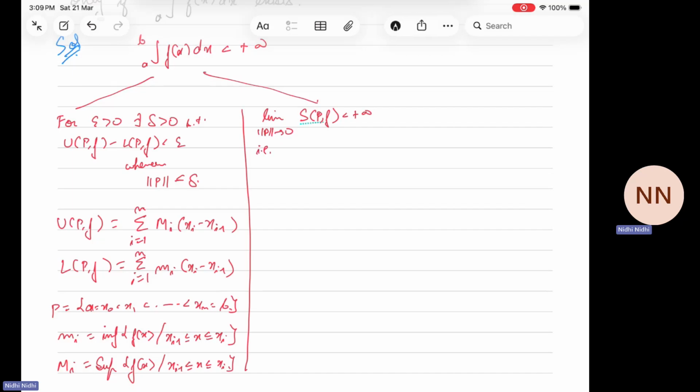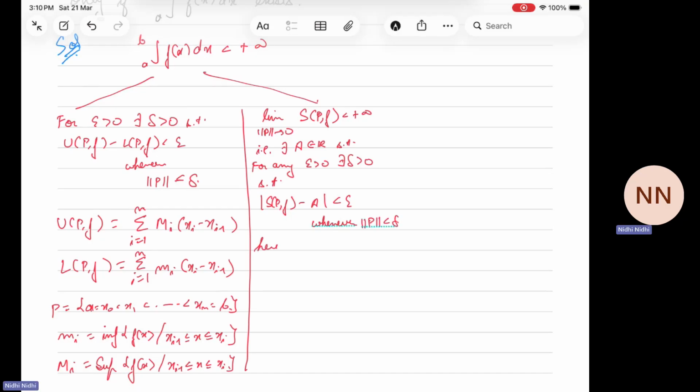That is, there exists some real number A such that for any epsilon positive, we can find delta positive such that the modulus of S(P,f) minus A is less than epsilon, whenever the norm of P is less than delta.